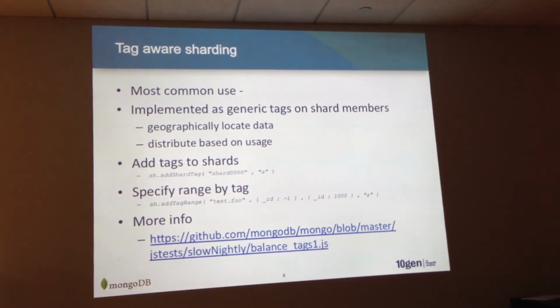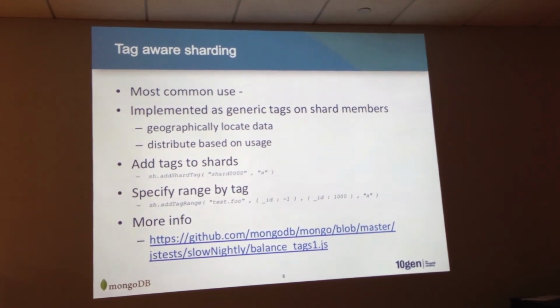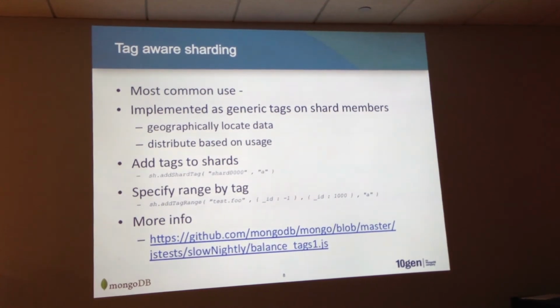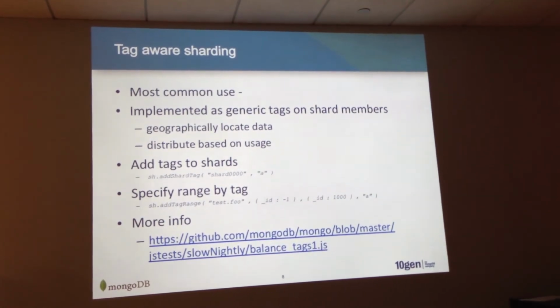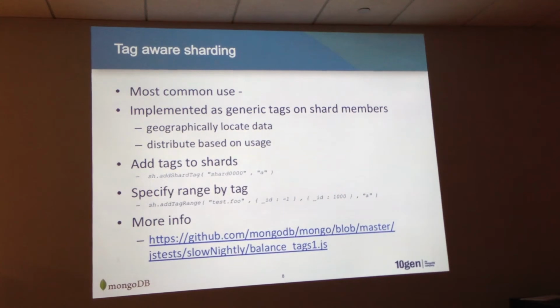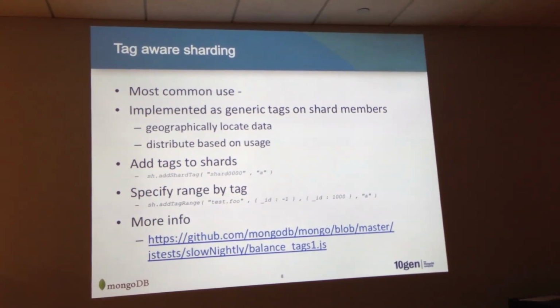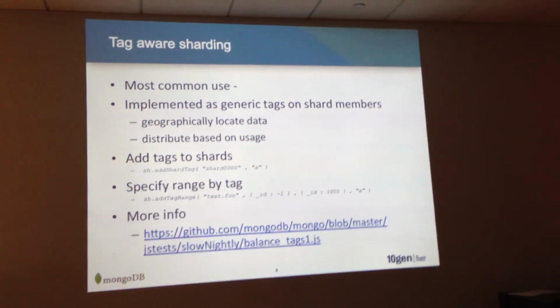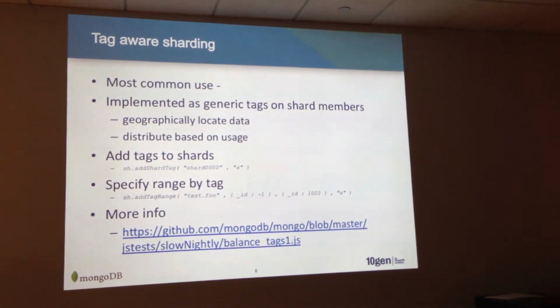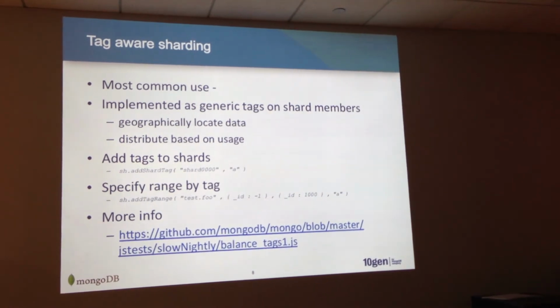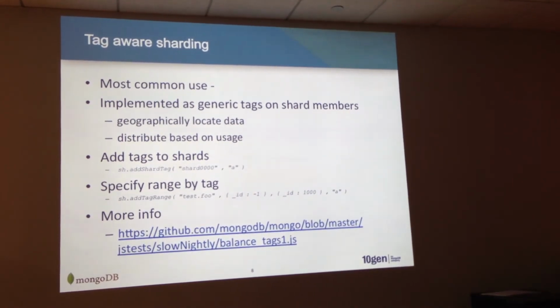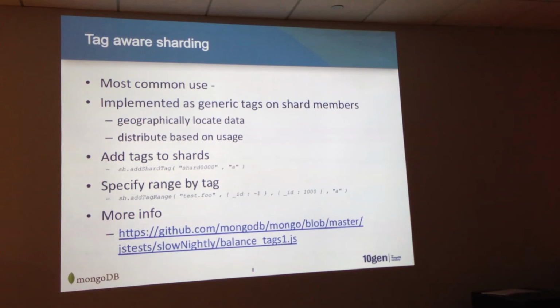So you could say, my documents will have a geo code, which is 0 for the US and 1 for Asia. And that has to be the first part of your shard key, because it has to appear somewhere in your shard key. So it's totally generic. You can build really interesting systems with it. And again, you can also do the live shards and the archival shards. That's possible too, and play with that.